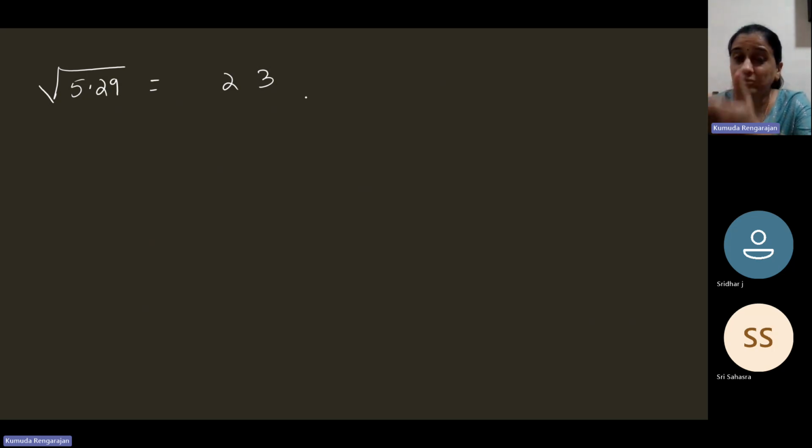That will be very helpful. If you memorize the squares till 50, you can even go till 100. It's useful. So 23 into 23 is 529. Now here after the decimal point, 2 digits. So in the root after the decimal point, 1 digit.